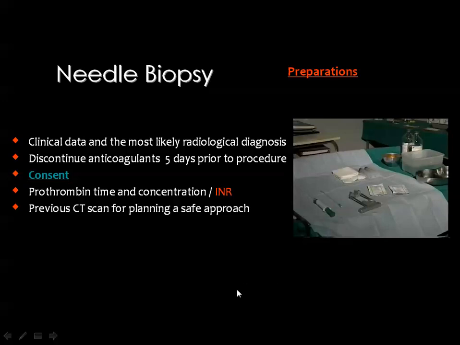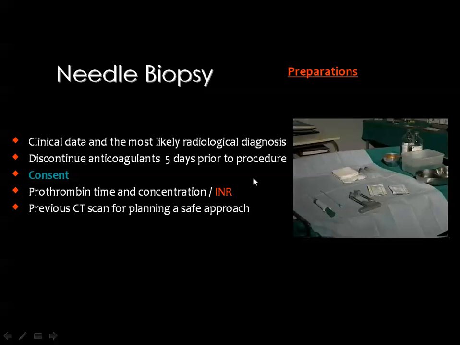Then before you are going to biopsy a lesion in the chest, you should first have adequate clinical data, and you should know the most likely radiological diagnosis from the films. You should inspect the films to design the approach for your needle, whether it is an anterior approach or posterior approach or lateral approach according to the accessibility of the lesion.